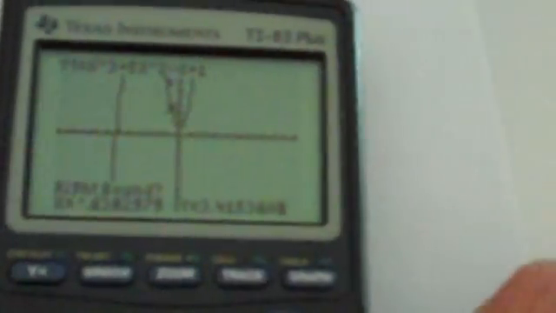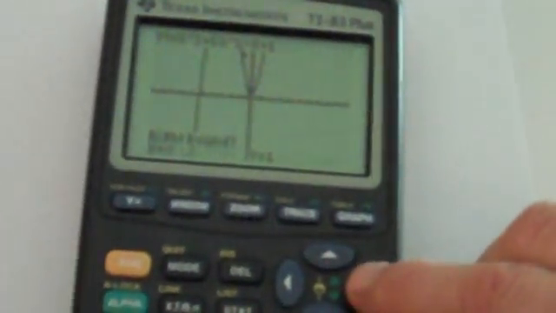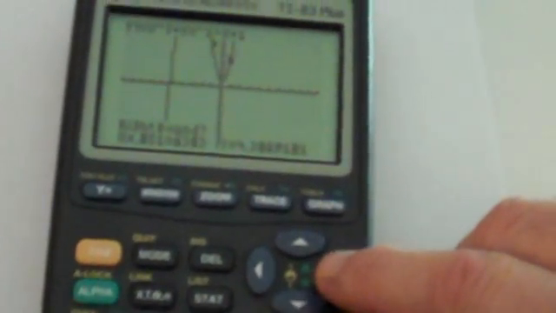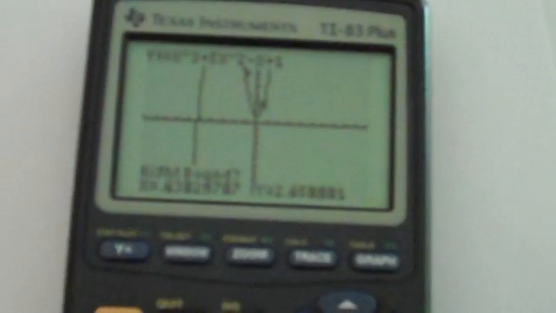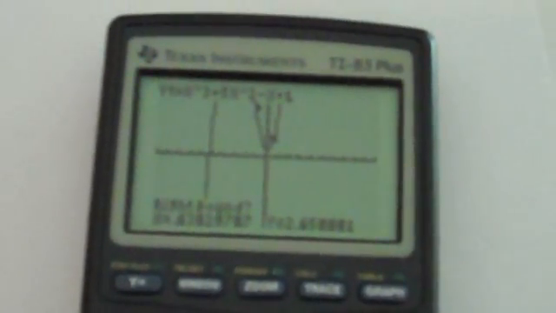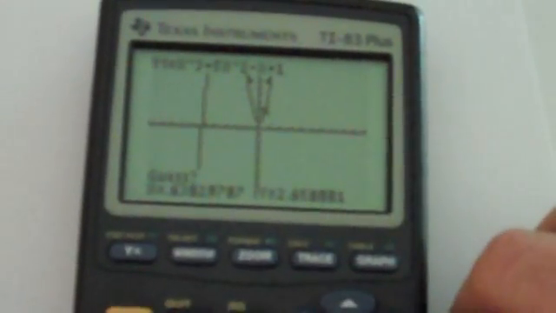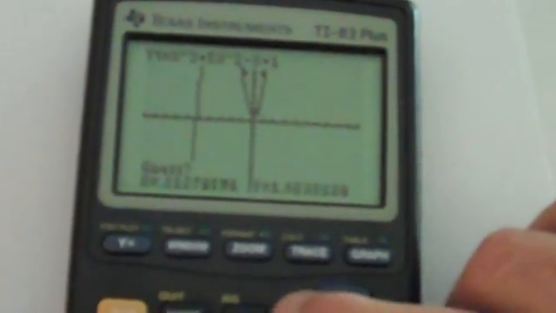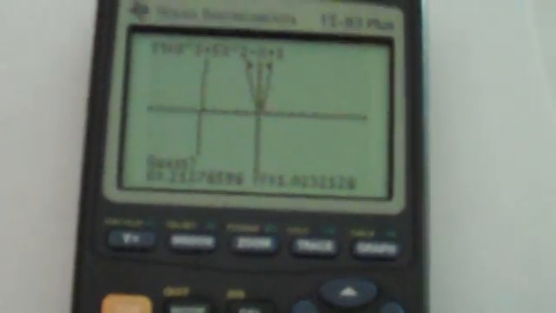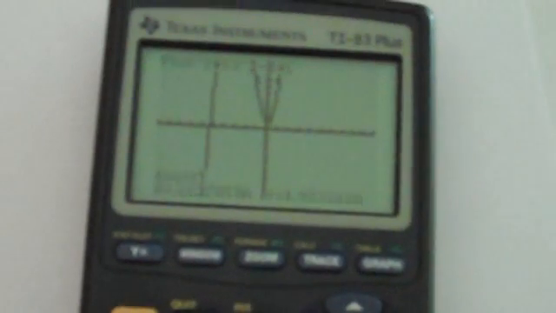Now I'm going to use my arrow keys and move my spider, not quite that far, to the right of the valley, and I hit enter. And then I'm going to put the spider right in the valley, which is where the relative minimum occurs, and I hit enter.